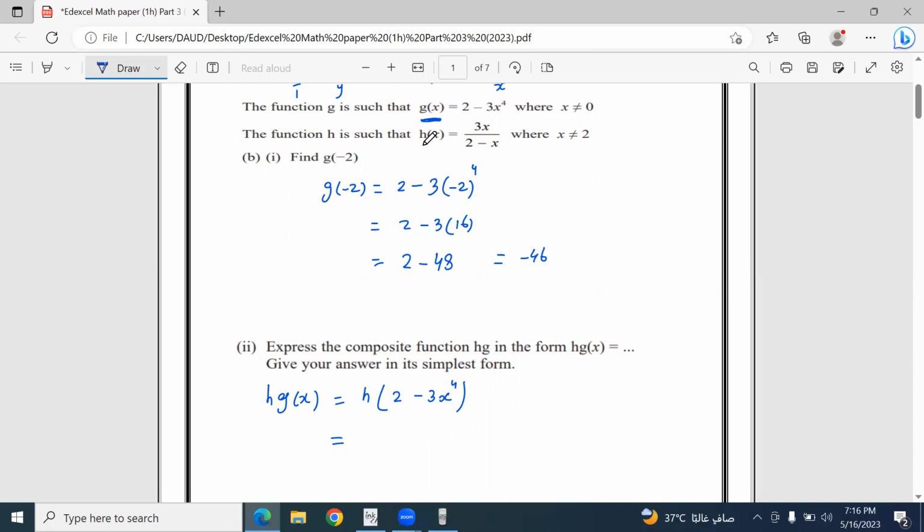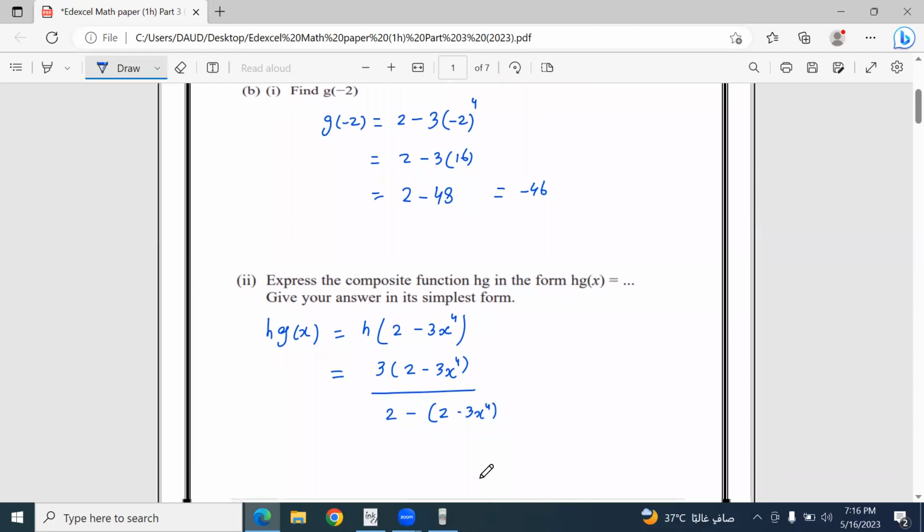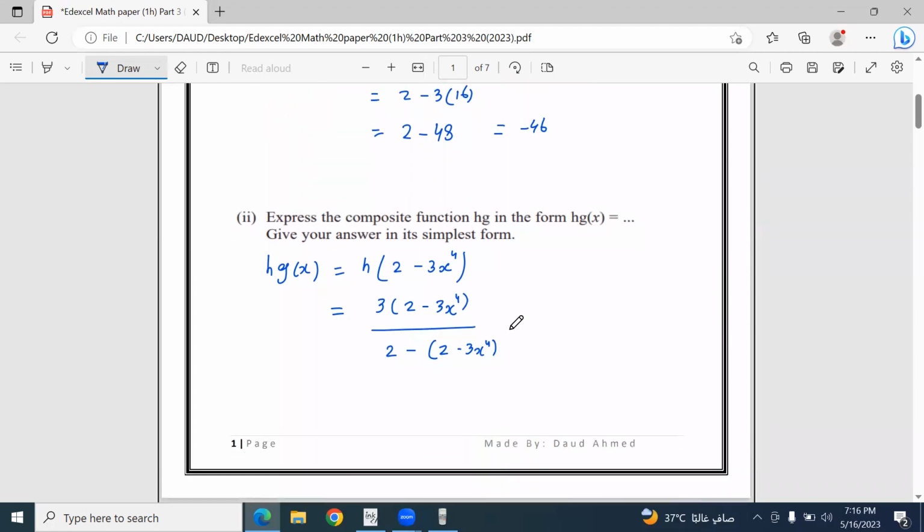And h of x we know is 3x over 2 minus x. So in place of x, now I will write 3 times 2 minus 3x power 4 over 2 minus bracket open 2 minus 3x power 4. After this, we will try to simplify.